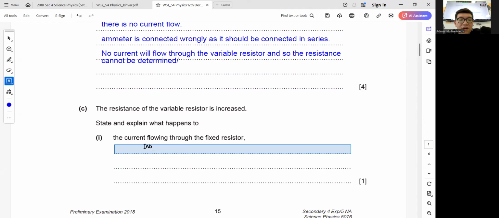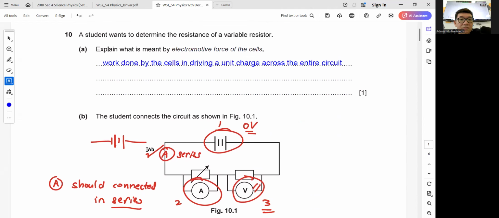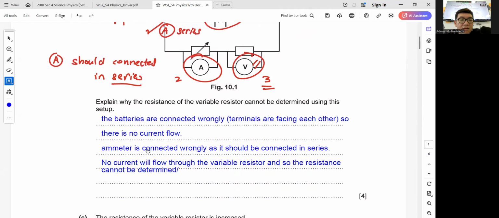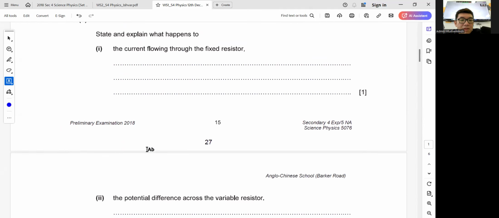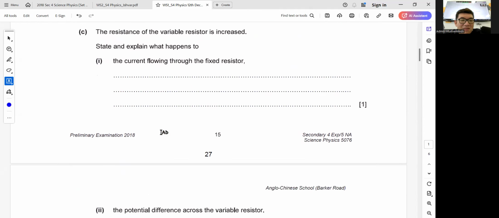Are you able to answer this? The resistance or is... I'm going to assume that it's working well, lah. If not, then this question is weird.